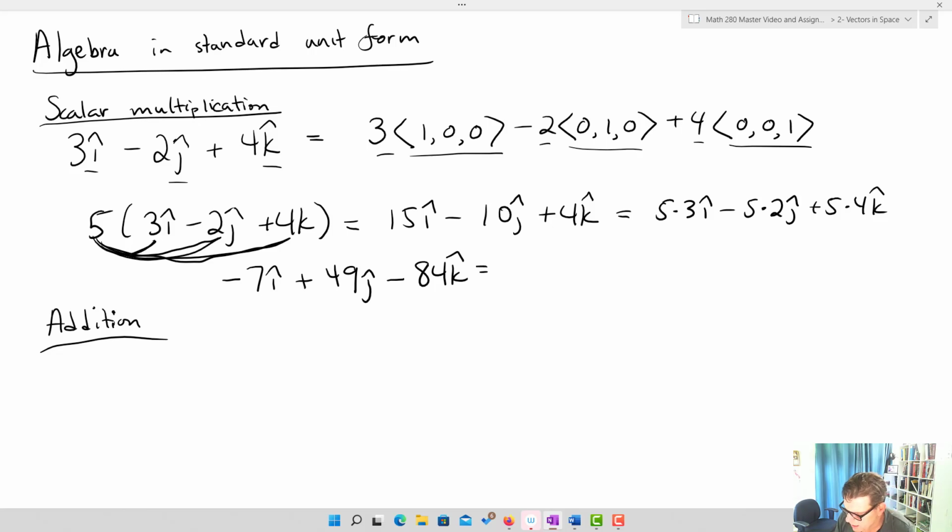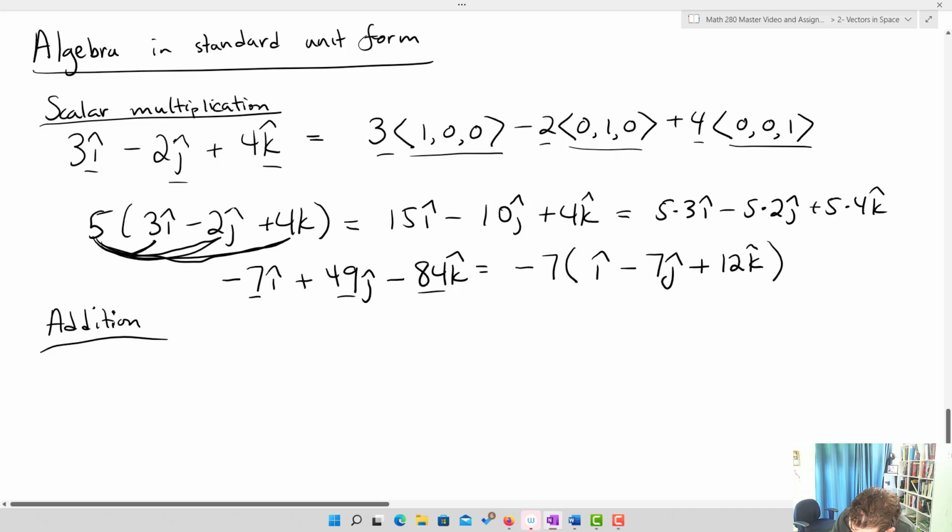And you can see that each one of those scalars, 7, 49, and negative 84, they're all divisible by 7. So let's factor out a negative 7. We get negative 7, and what we'll end up with then is (i minus 7j plus 12k). And that's an equivalent form in our standard unit form.